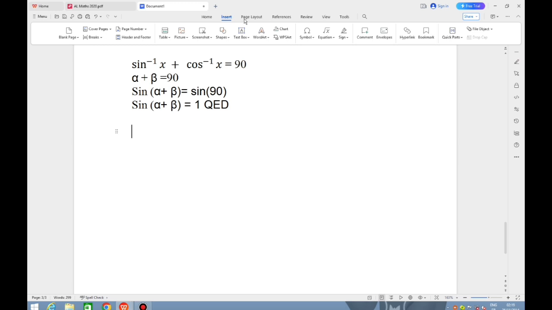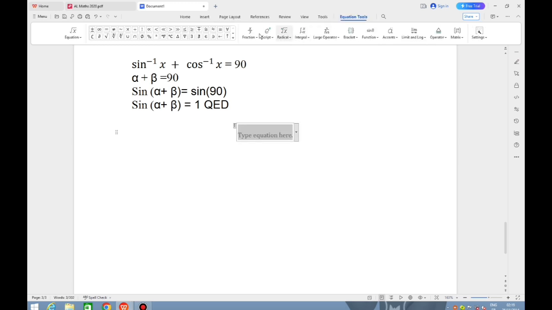That's f of x is equal to x plus 1 all over x minus 1 into x squared plus 1.